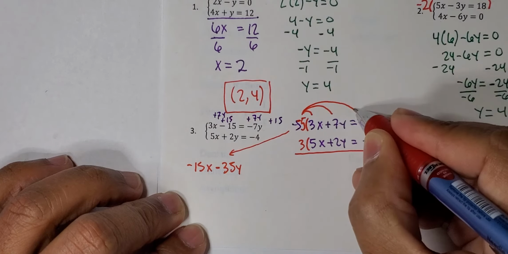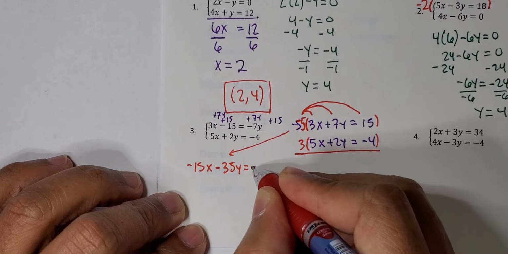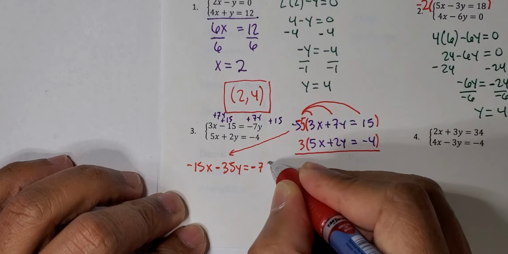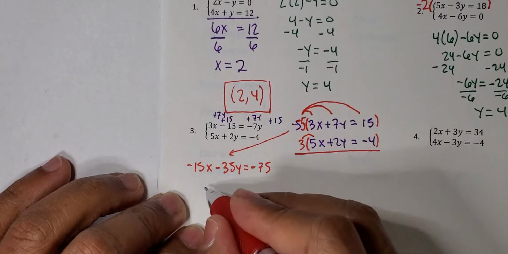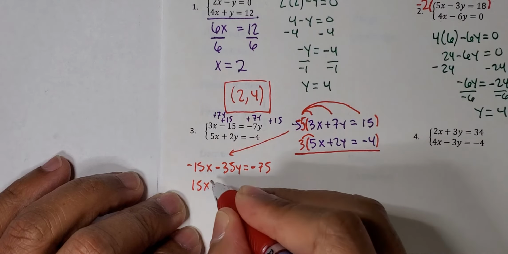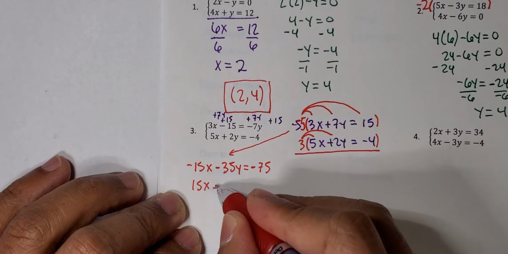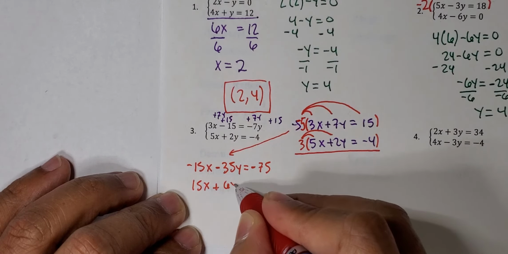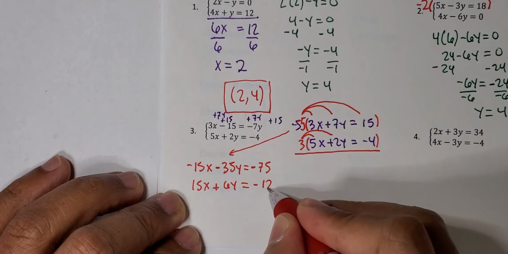And negative 5 times positive 15, that's equal to negative 75. And then this one, 3 times 5x, that's going to be positive 15x, which is what we wanted. And 3 times 2y, that's going to be plus 6y, equals 3 times negative 4, that's negative 12.